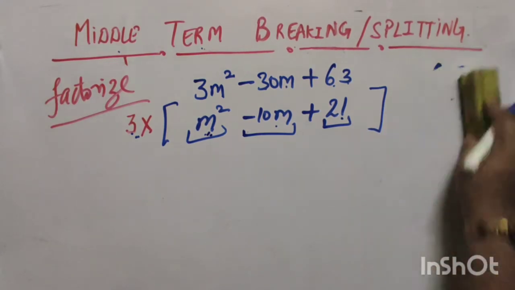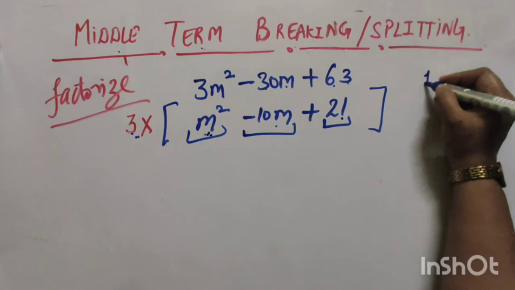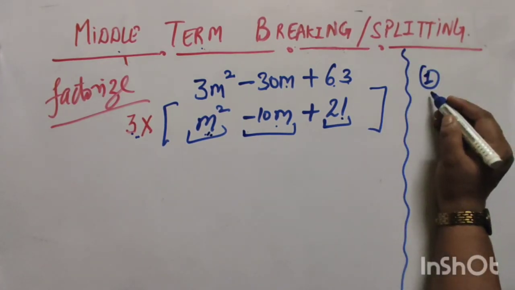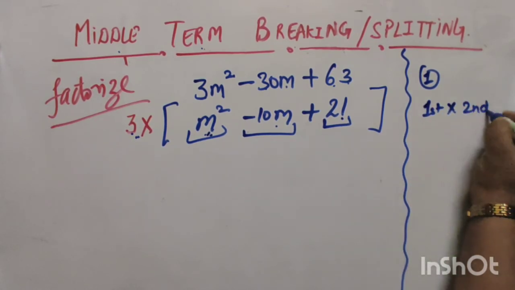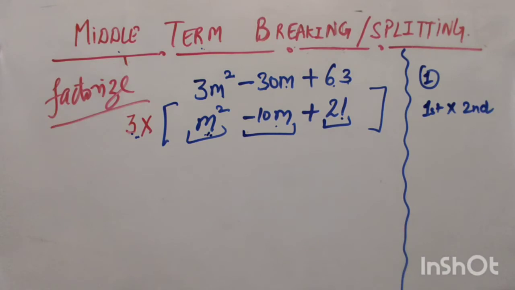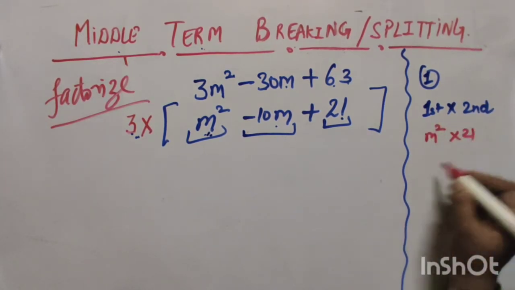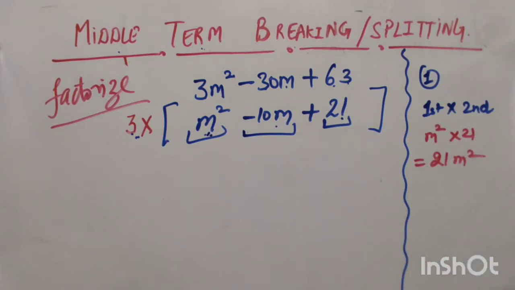There are 3 steps that you have to keep in mind for doing middle term breaking. Step number 1: we will multiply the first and the last term. If I multiply m square by 21, I will get 21m square. This is my first step.